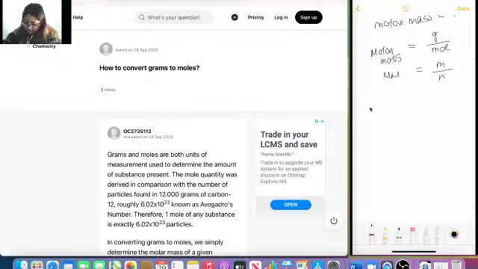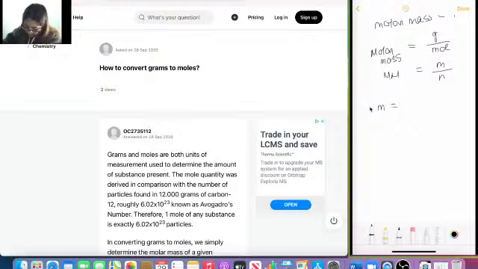And so we are trying to convert to find moles, right? But let's find grams first.